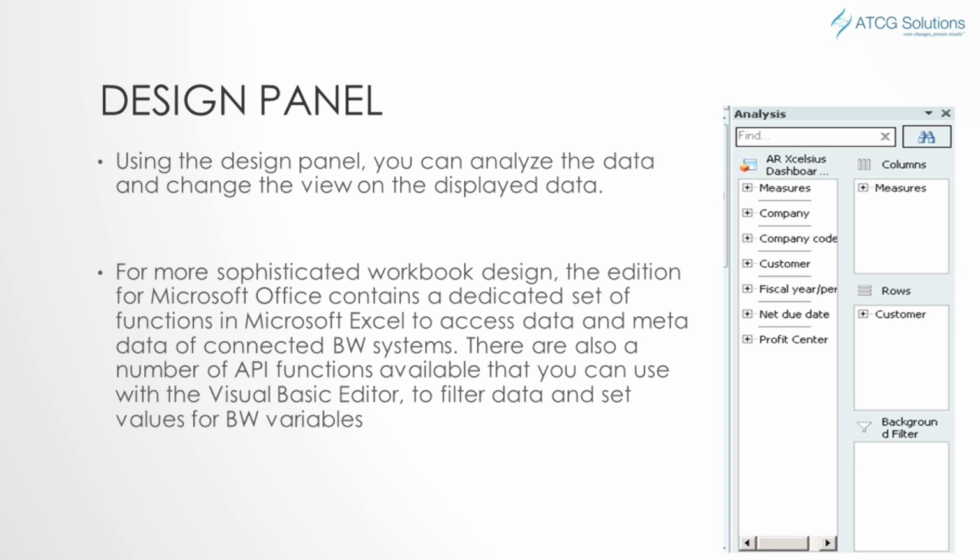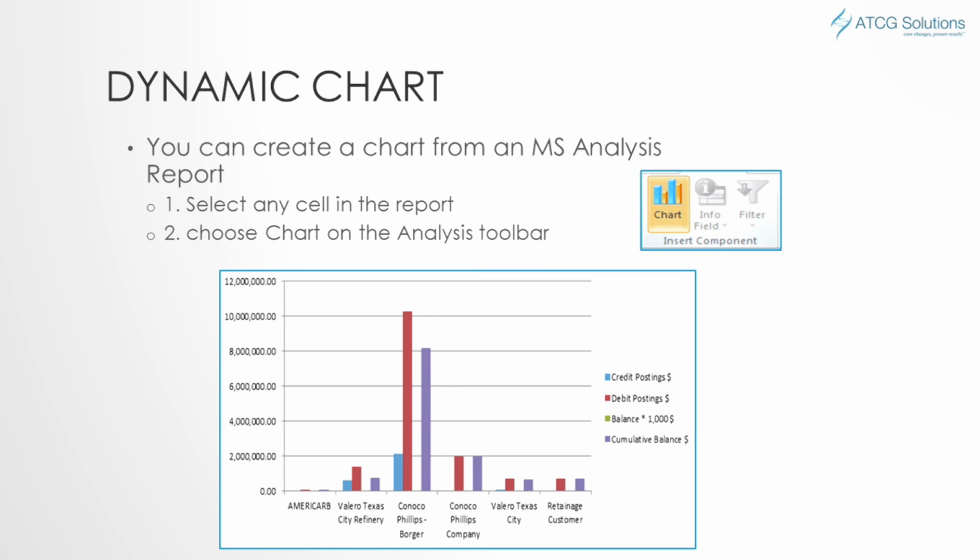And also there are a number of API functions available that you can use with the Visual Basic Editor to filter data and set values for BW variables. And also you can use Microsoft Excel to access data. And you can create a chart from an MSAnalysis report.